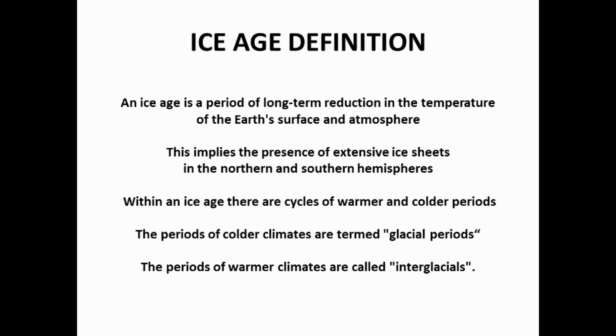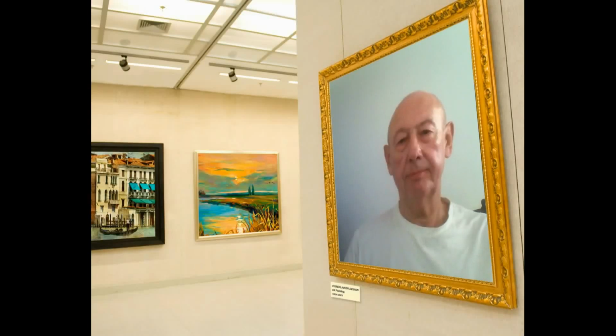Within an ice age, there are cycles of warmer and colder periods. The periods of colder climates are termed glacial periods. This is when the ice caps expand towards the equator. The periods of warmer climates are called interglacials. This occurs when ice caps recede away from the equator.